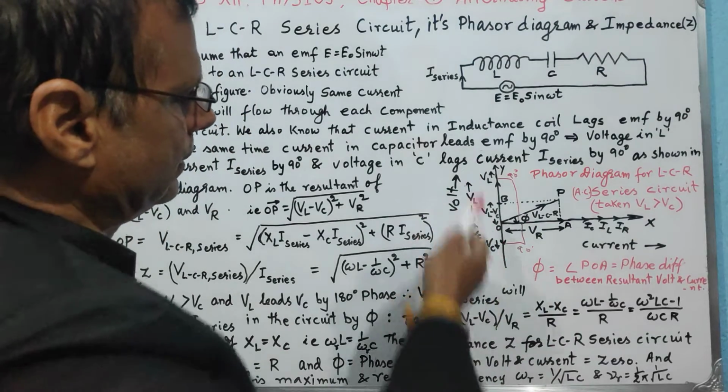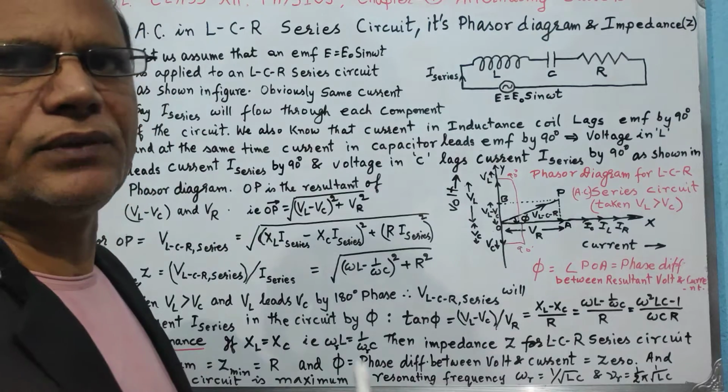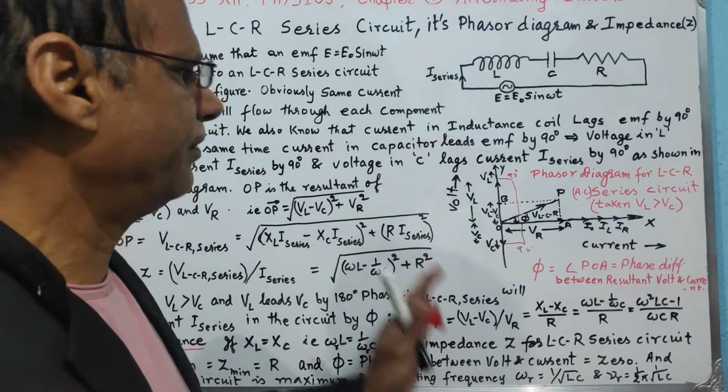Now VL and Vc are in opposite phase, so we can simply take their difference.